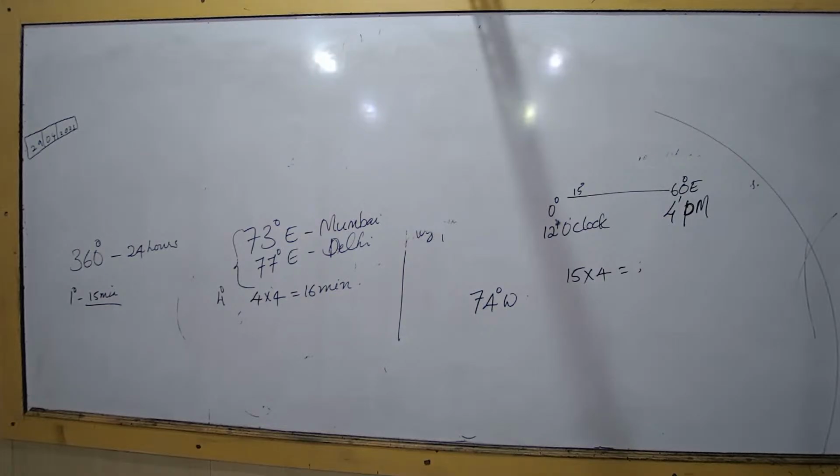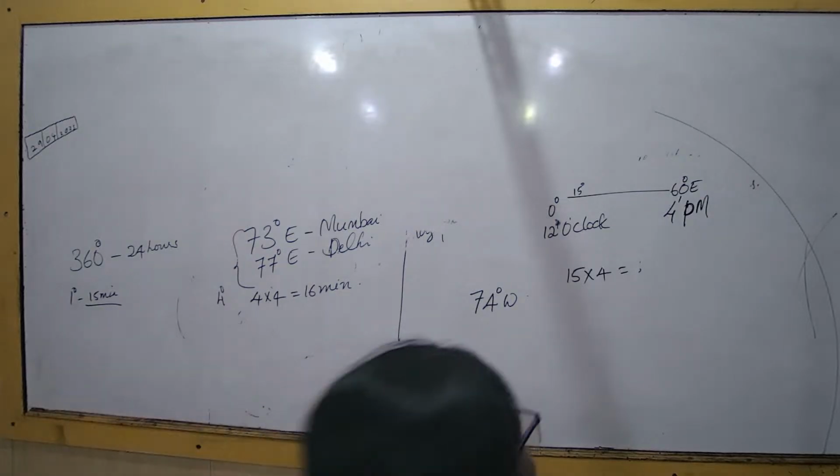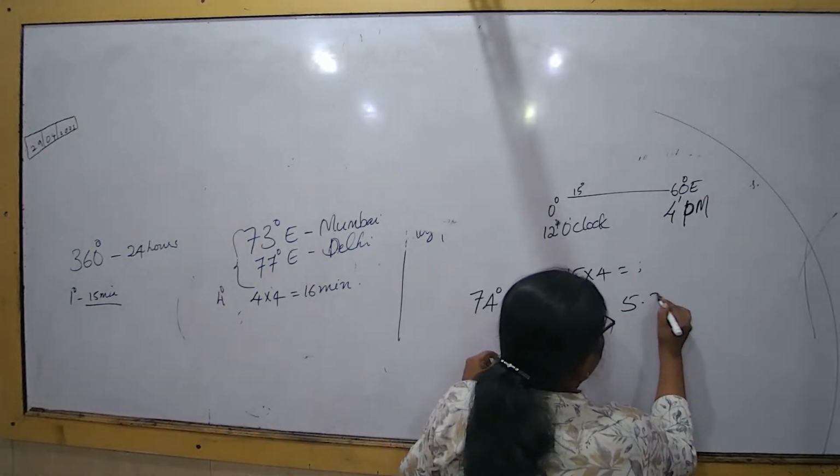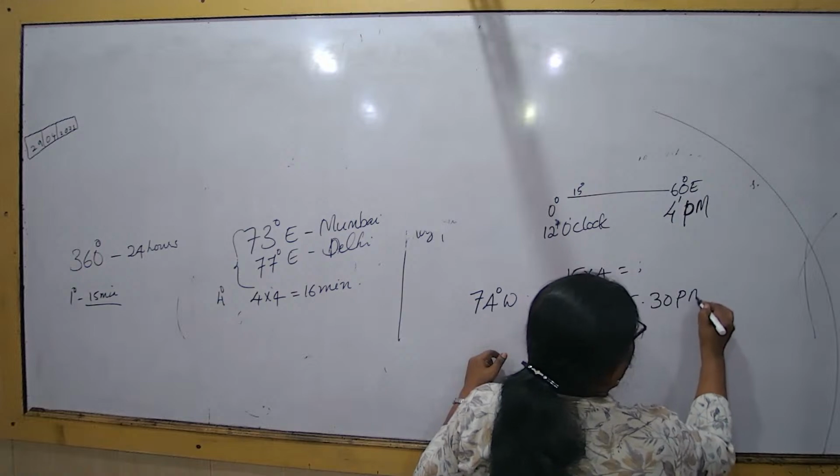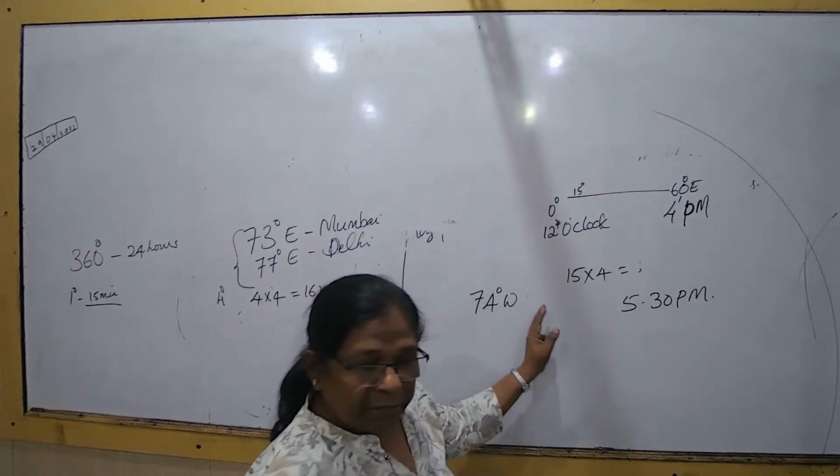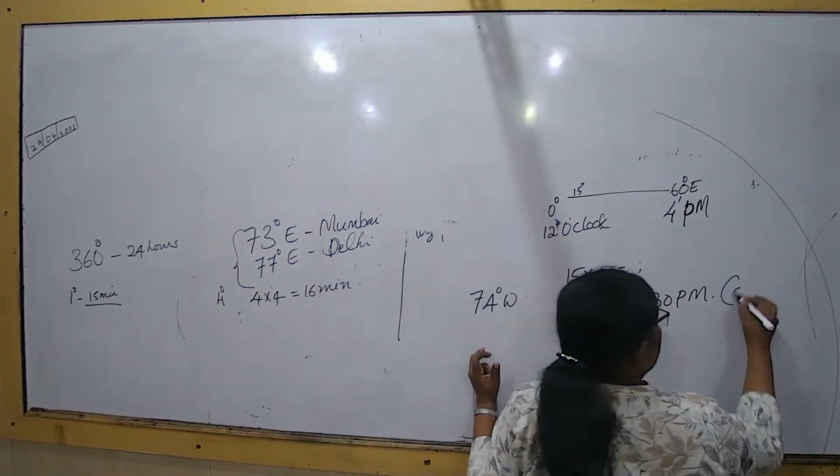Okay. So what is the time? 12 hours minus 4 hours 56 minutes. That would be the time of Montreal. Did you get it? What is the time of India? 5:30 p.m. is ahead.